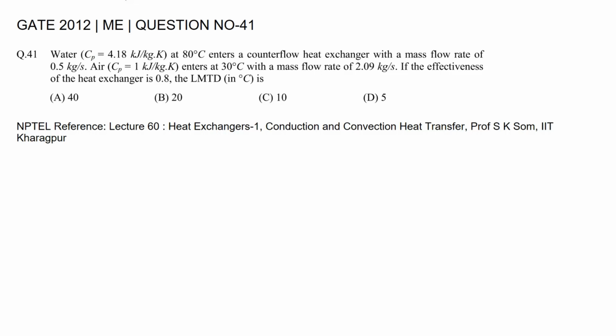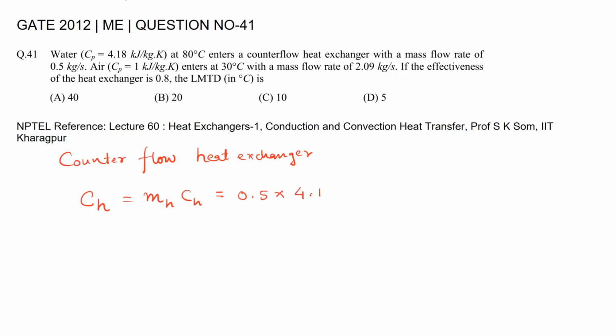So in case of counterflow heat exchanger, we know that heat capacity of hot fluid is given by MHCH, that is 0.5 times the specific heat capacity of hot fluid, that is 4.18. This will be equal to 2.09 watt per Kelvin.